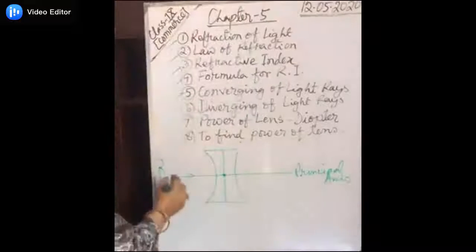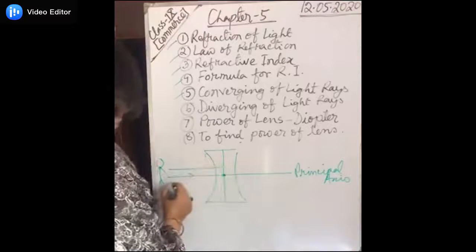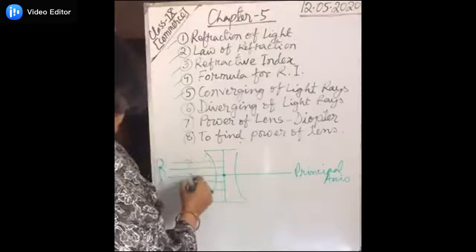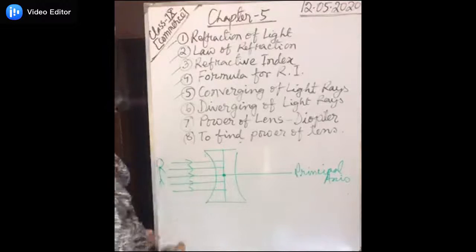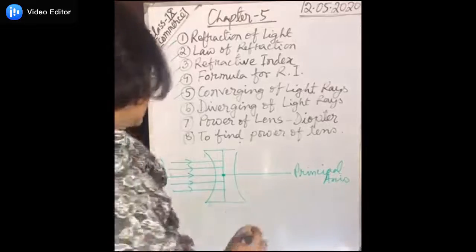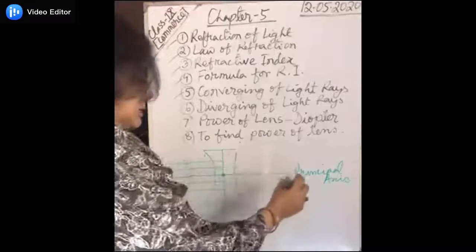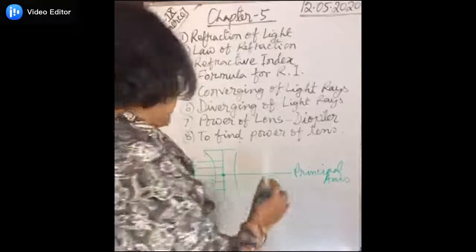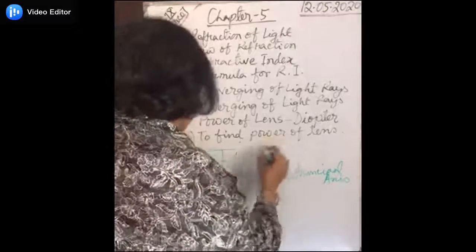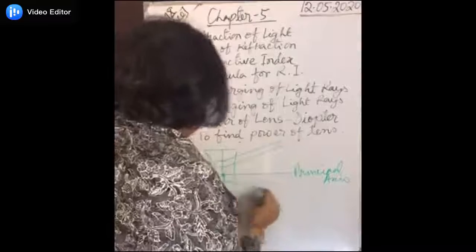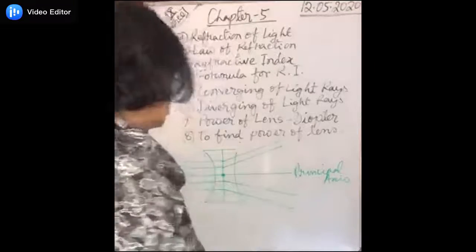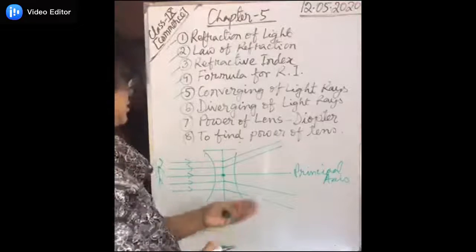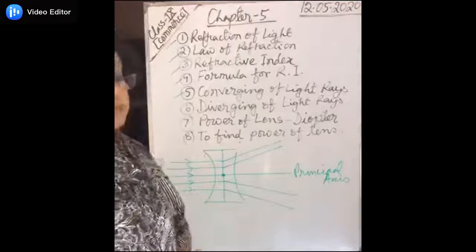What happens? All the lights are falling parallel. These are incident rays. When they pass to the other side, without staying parallel, they go far away from one another. Just the opposite of converging. So this phenomenon is called diverging of light rays.